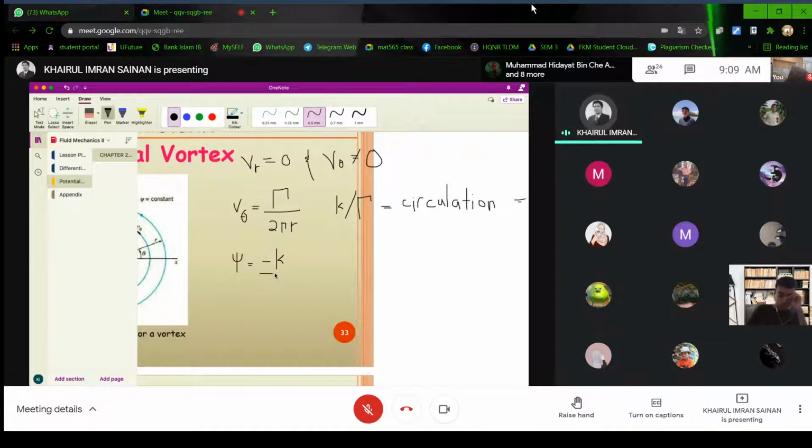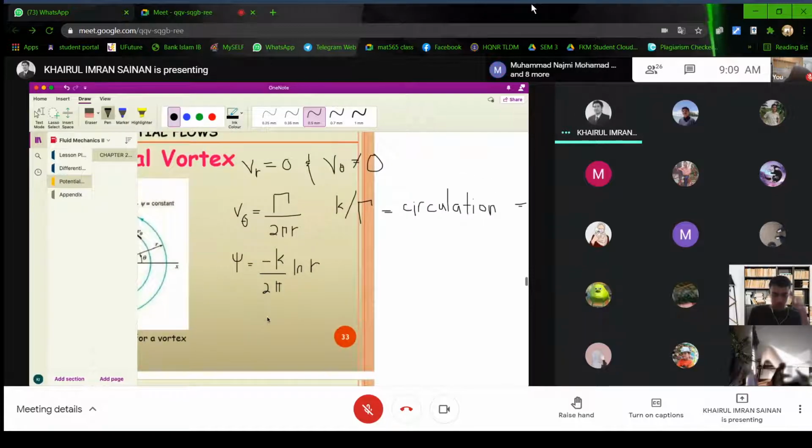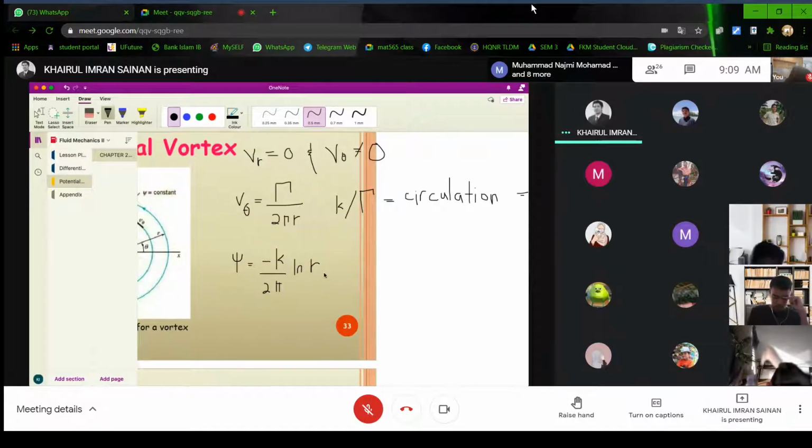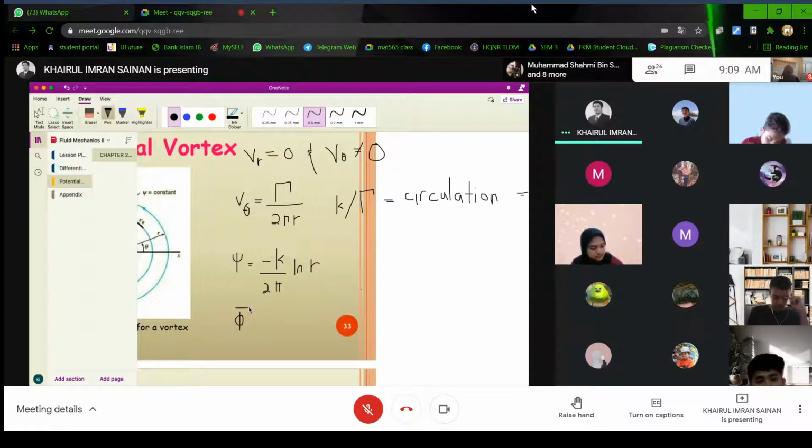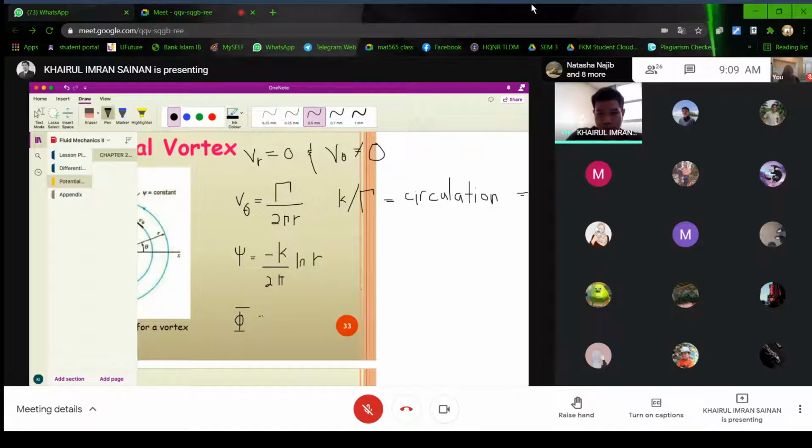Negative K divided by 2 pi ln R. And then you have phi equals to negative K divided by 2 pi.